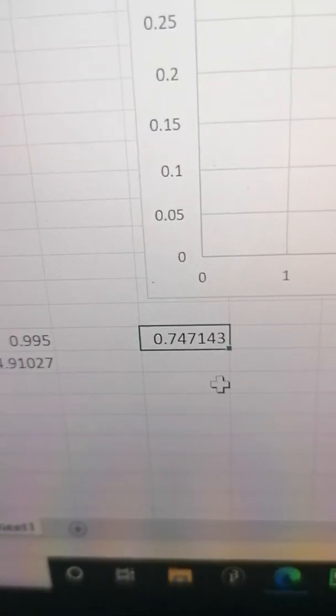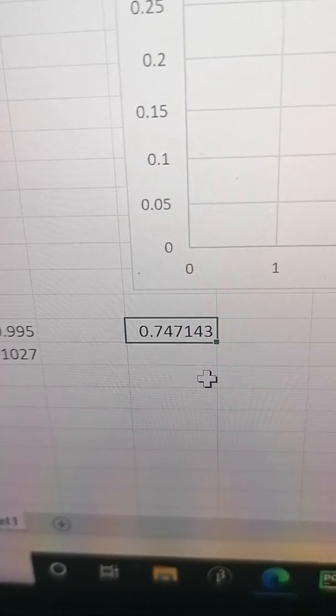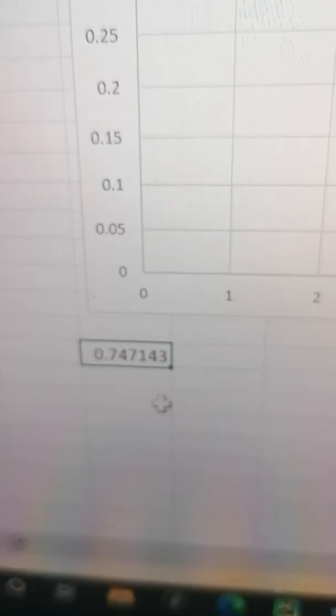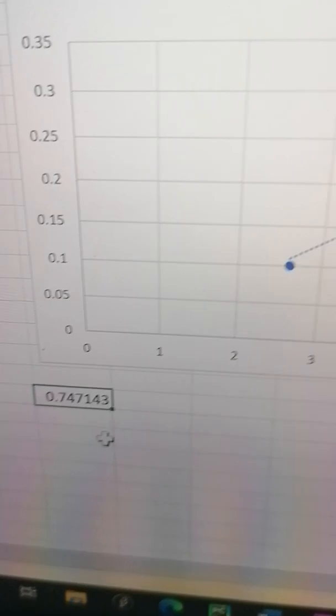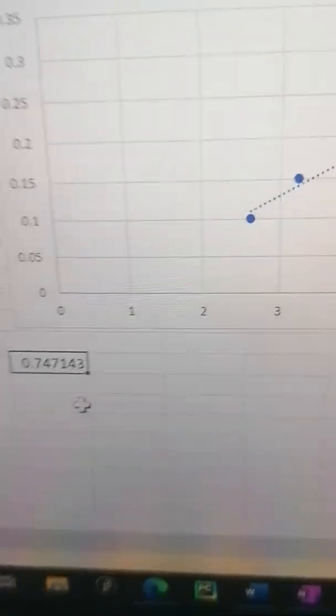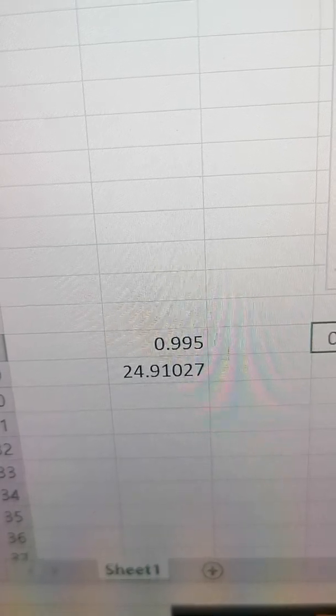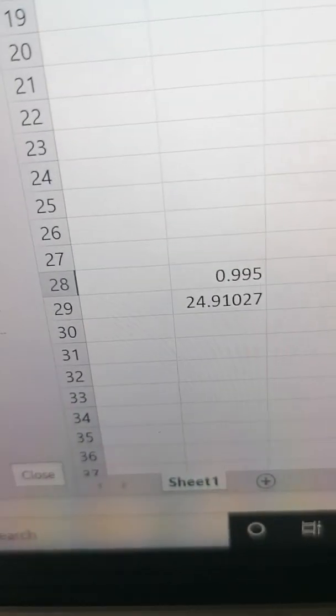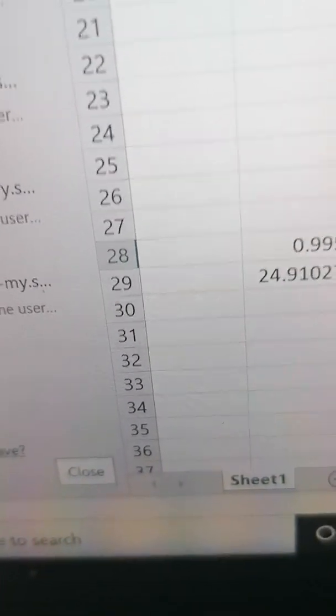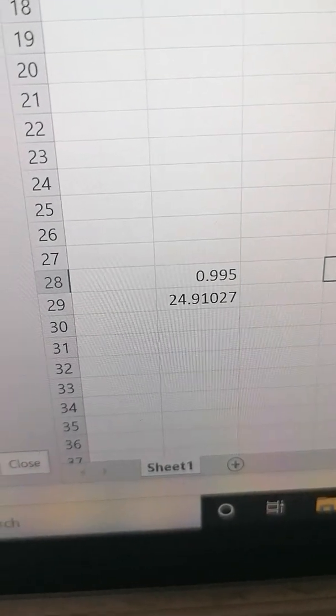and then we get the final value to be 0.747 meters. So the next thing I did is I found the actual value of y by just using my ruler and measuring the table normally.